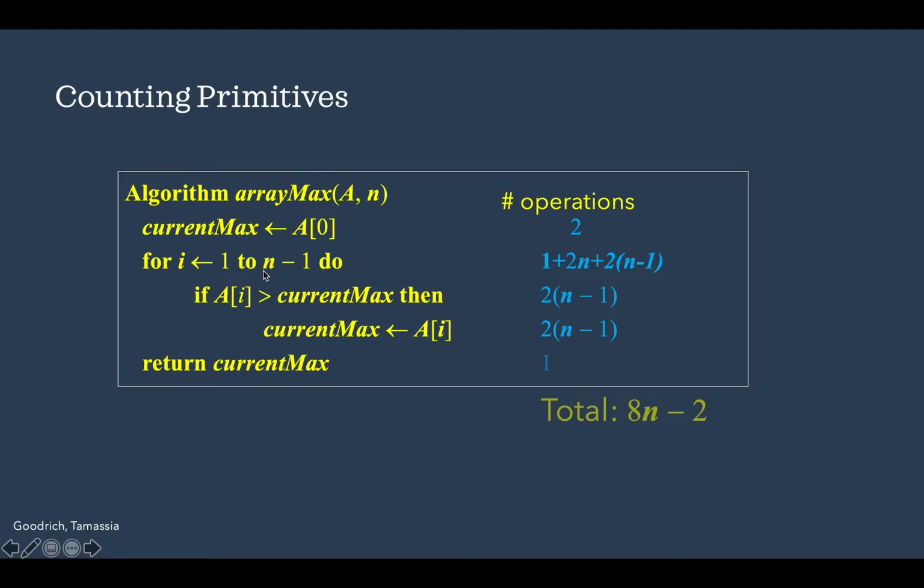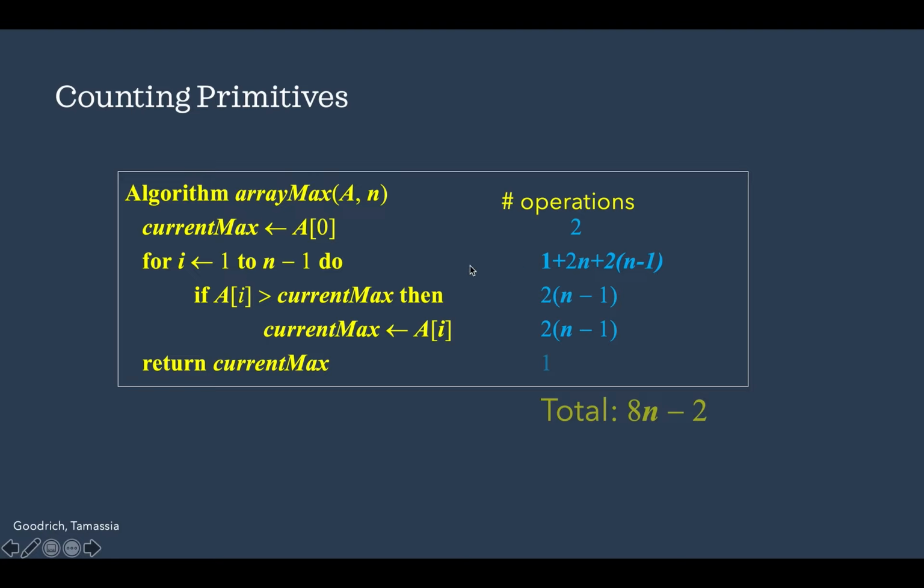Then you have I less than n, so for n minus 1 times the condition will be true and you will be entering the loop, and one last time the condition is false, so you will be exiting out, right? So that is why this is 2n, and I equal to I plus 1 is two primitive operations, one addition and one assignment, and that is executed for n minus 1 times.